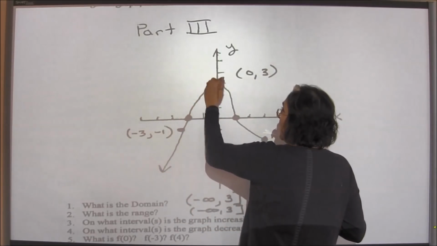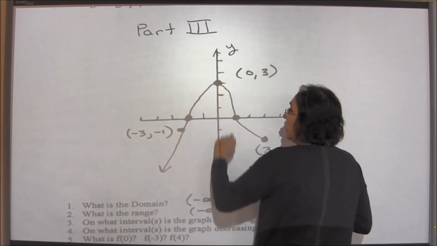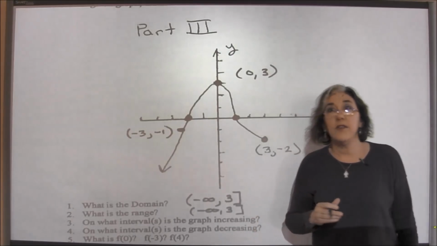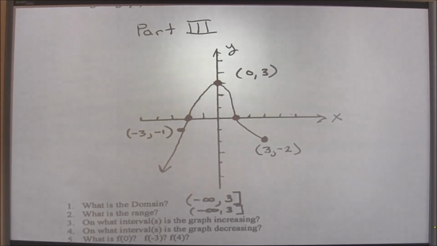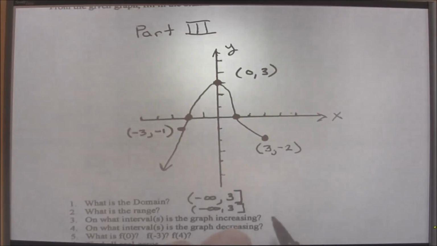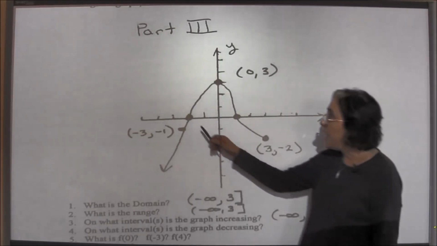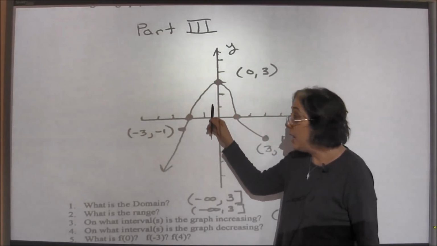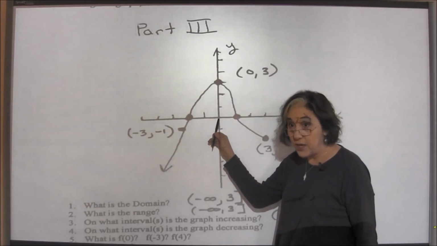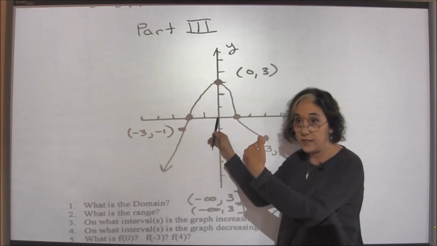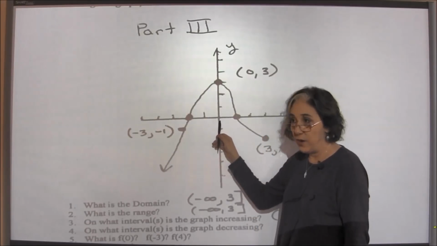That's increasing until we get right there. So we're going to go ahead and say that we know that this function is increasing from negative infinity until we get to, now here's where you got to be really careful, because our eyes want to come up here to the 3, but remember you're telling the x values that are making y increase. So you'd say 0.